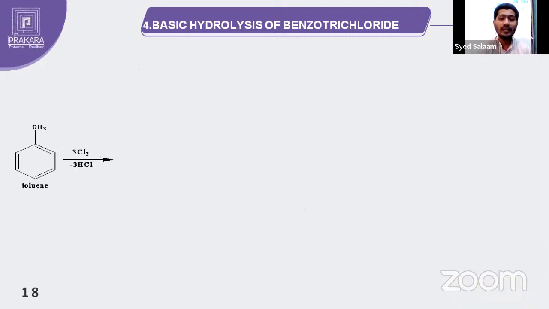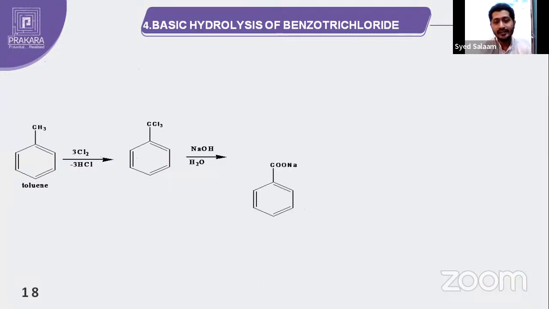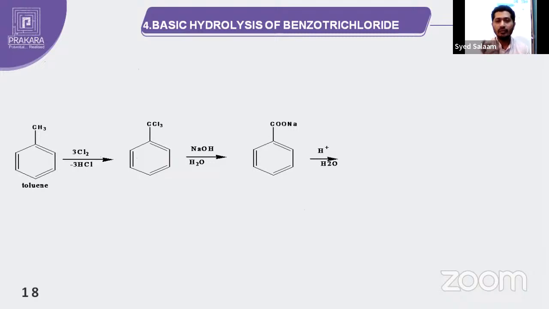When toluene is reacted with chlorine, it removes hydrogen chloride and gives benzene trichloro, that is, trichlorotoluene. When this is reacted with sodium hydroxide, that is, breakage of water molecules in the presence of a strong base, which we call basic hydrolysis, it gives us the salt sodium benzoate. This sodium benzoate, by adding a few drops of acid, gives us our benzoic acid.